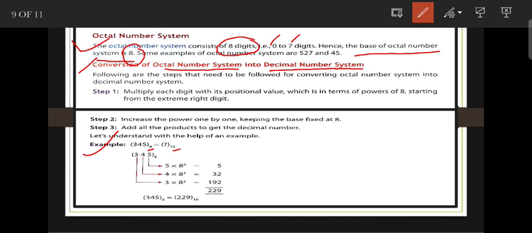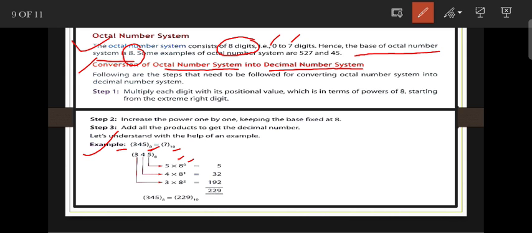Same process. This is the rightmost digit, this is the leftmost digit, and we need to multiply by 8, because 8 is the base of the octal number system, and this is the positional value. When we move from right to left, the positional value increases.